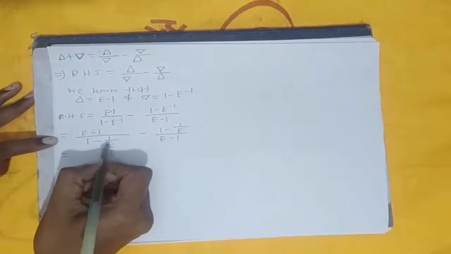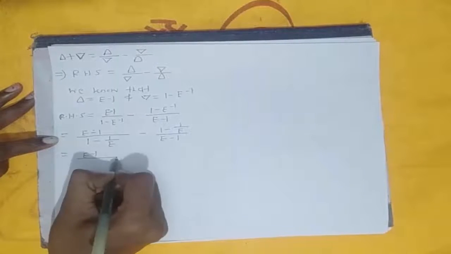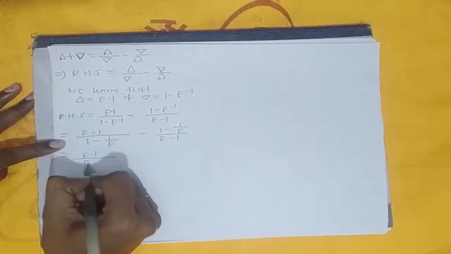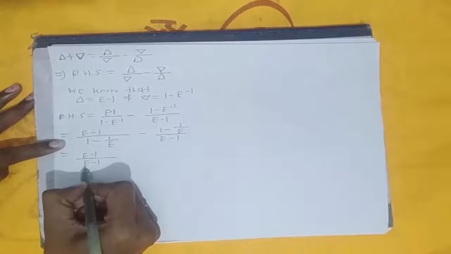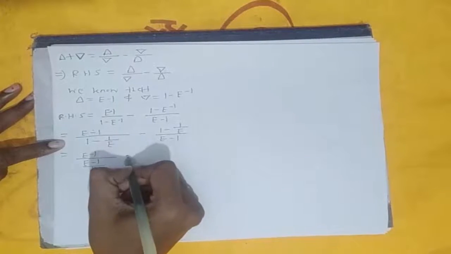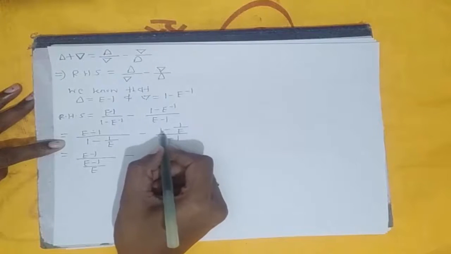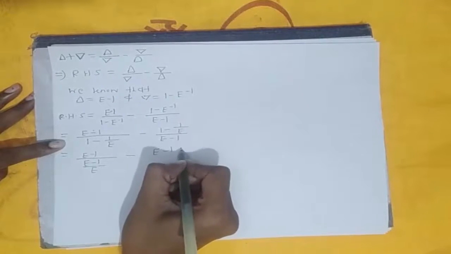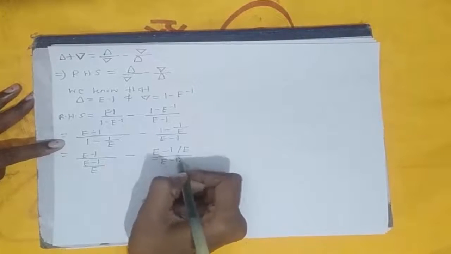Here we take cross multiplication also, and here also we get E minus 1 in the numerator, the same, then here we get E minus 1 divided by E. Then minus again we get in the numerator, if we take cross multiplication, E minus 1 divided by E and divided by E minus 1.